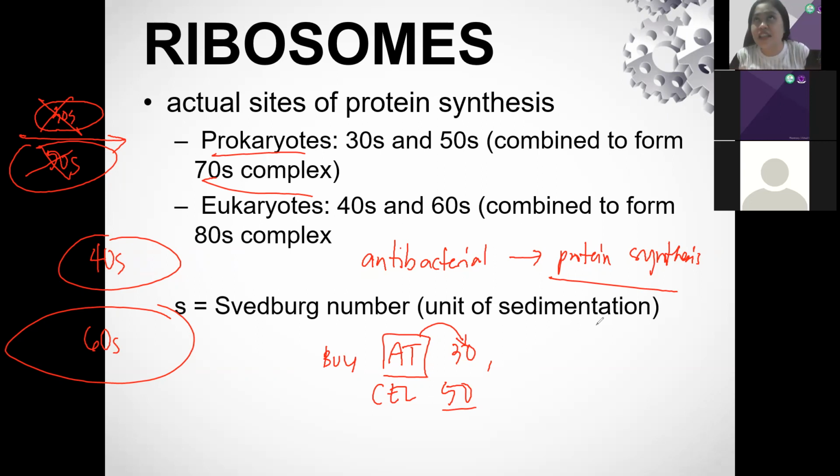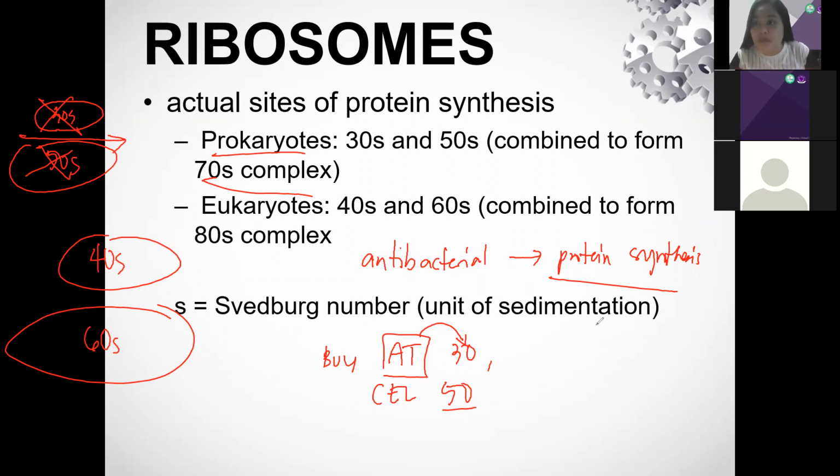Erythromycin is just a representative of the macrolides. So all macrolides are class under here or nag-inhibit sila ng 50S ribosomal subunit. Remember our mnemonics for the macrolides, the CARE. C is for clarithromycin, A, azithromycin, R, roxithromycin, and E, erythromycin.